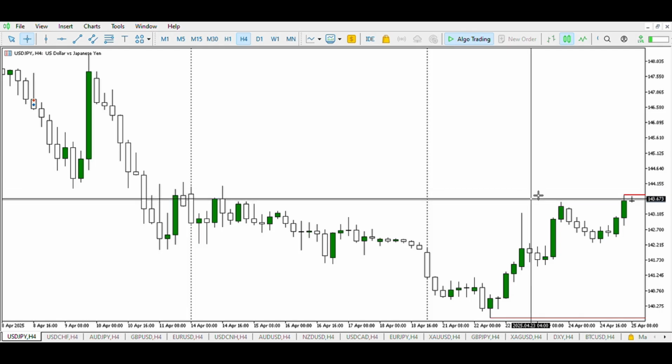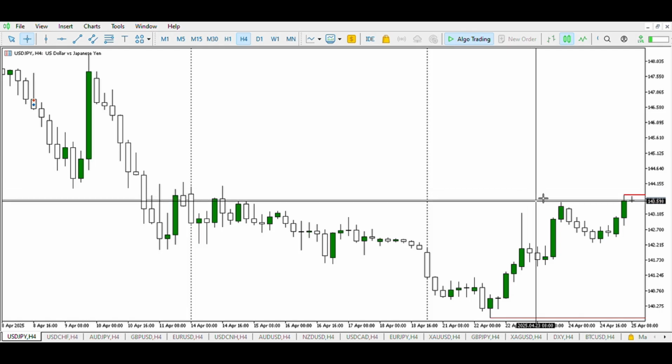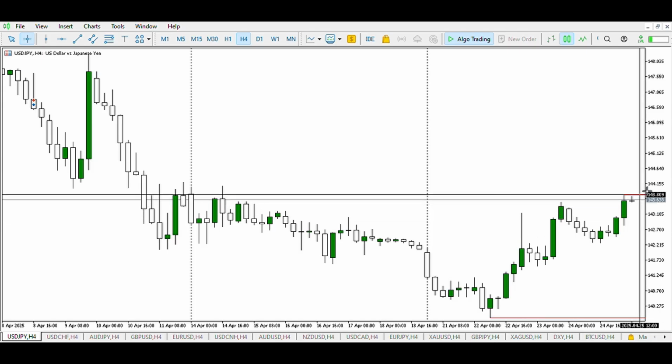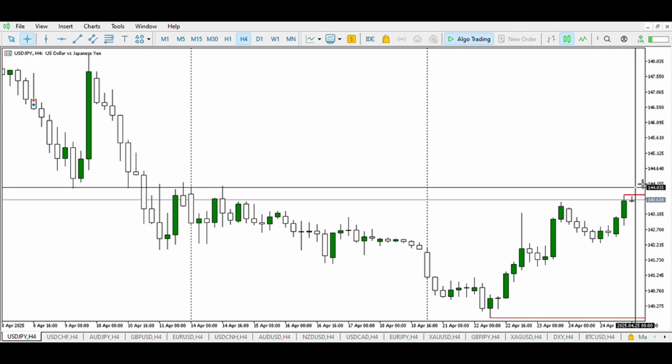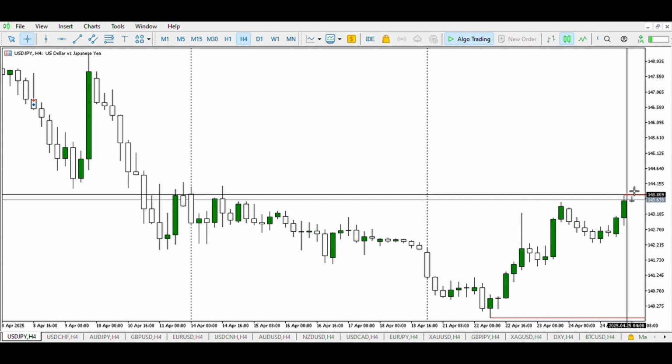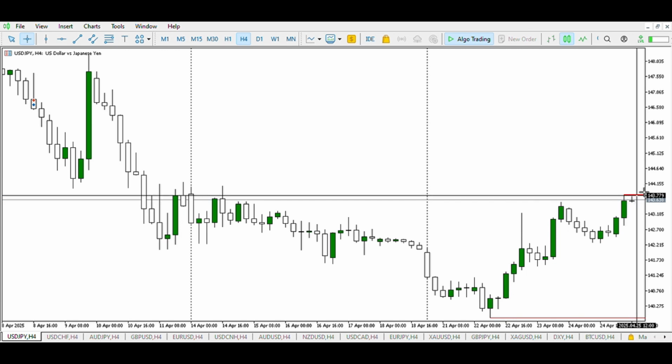Following from this, when the market opens, we expect a consolidation around this range and for this high to be taken out. So if this high is taken out in a healthy liquidity manner, creating a counter trend formation with candlesticks aligning perfectly, then we can conclude that the US dollar is going to weaken against the Japanese yen.